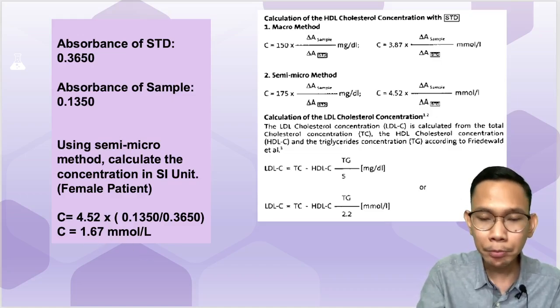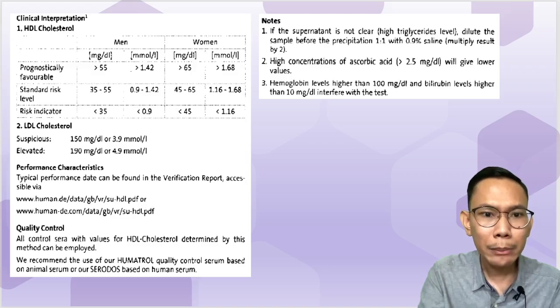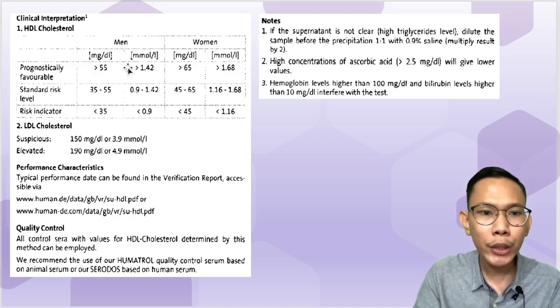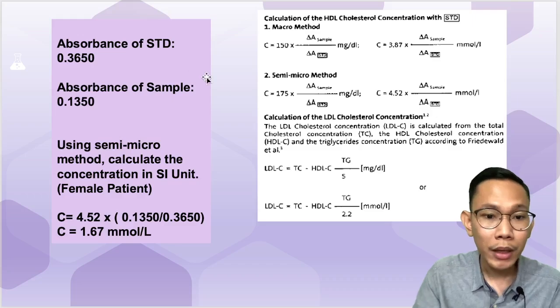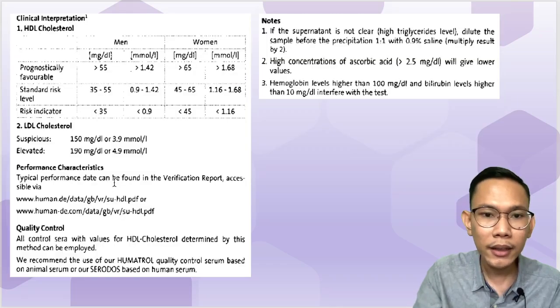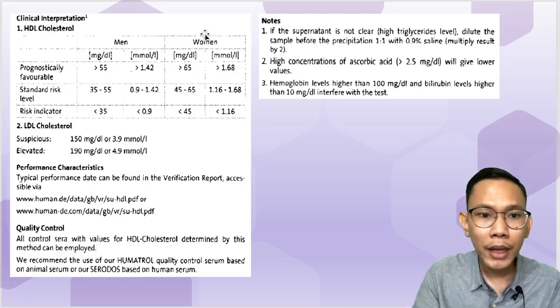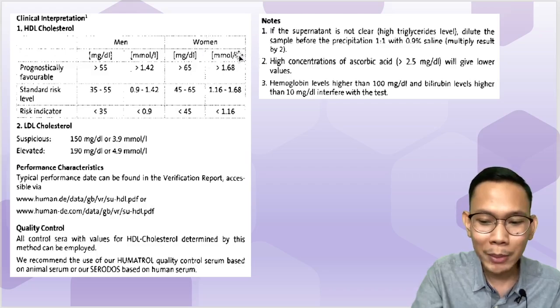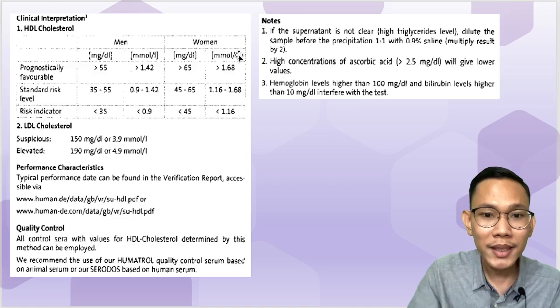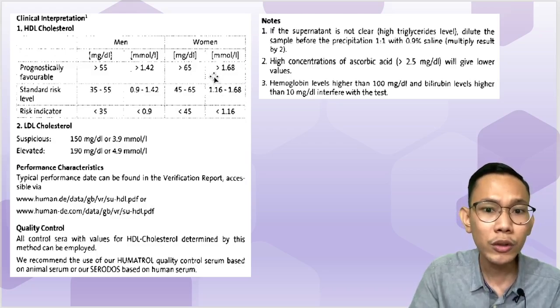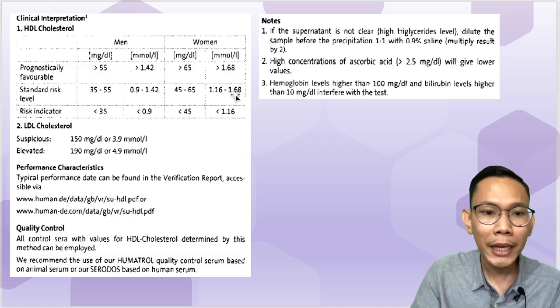So, Doc Von, how do we interpret that? Remember, to interpret it, first identify what patient we have: female or male. It's a female patient. What is our value, in SI or conventional? It is in SI unit. What is our result? I haven't memorized it yet. It's 1.67. So therefore, 1.67 is already the standard risk level. So the patient is already at risk, she has a risk level.